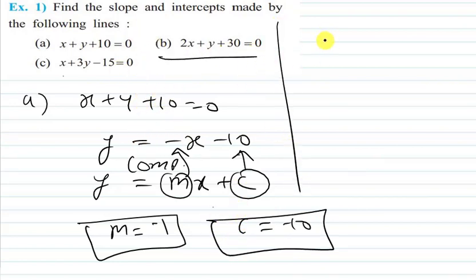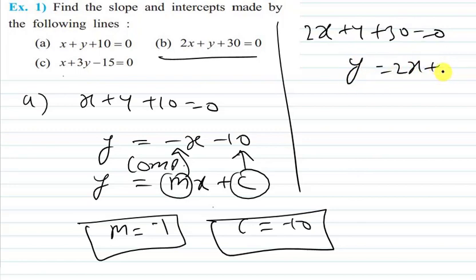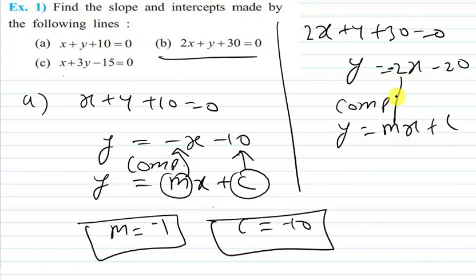Let's quickly solve the second one also. 2x plus y plus 30 equals 0. Just send all the terms to the right hand side except y. Comparing this with the standard equation of a line in slope-intercept form, my slope will be minus 2 and the y-intercept will be minus 30, right?